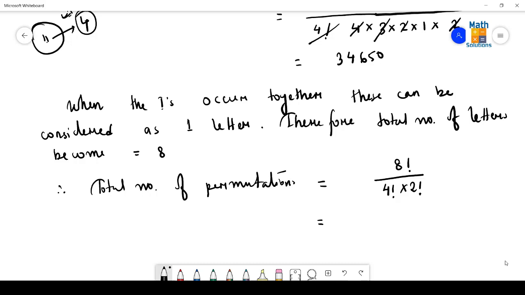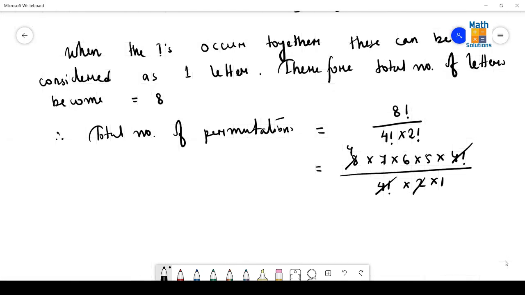Then our result will become 8 into 7 into 6 into 5 into 4 factorial divided by 4 factorial into 2 into 1. So 4 factorial gets cancelled. Then I get here 4. So after complete multiplication, let us check what we get. 6 fives are 30. 30 into 4 will be 120. 120 into 7 will be 840.